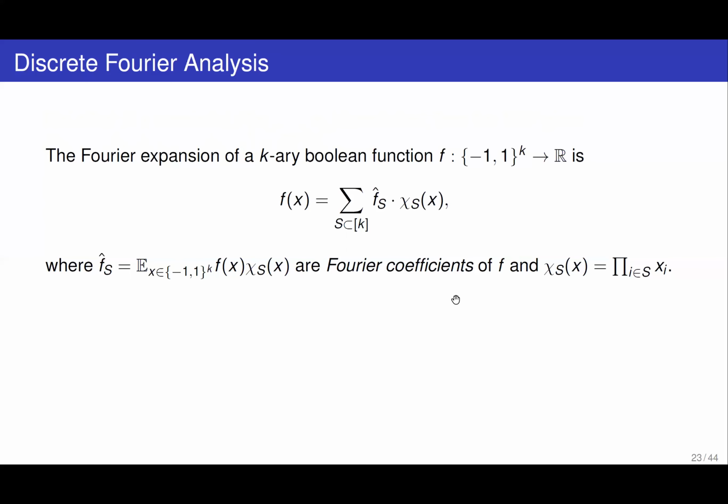Here, f hat sub S is called the Fourier coefficient of f on the set S and can be computed by the formula expected value of f times chi sub S. And chi sub S is simply the monomial, the product of x_i, where i is from the set S. As a simple example, the majority function on 3 variables has the Fourier expansion (x_1 plus x_2 plus x_3 minus x_1 times x_2 times x_3), and the entire thing divided by 2.